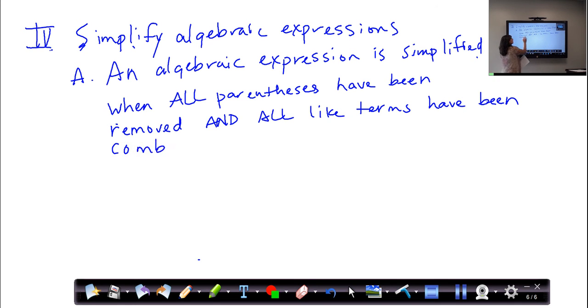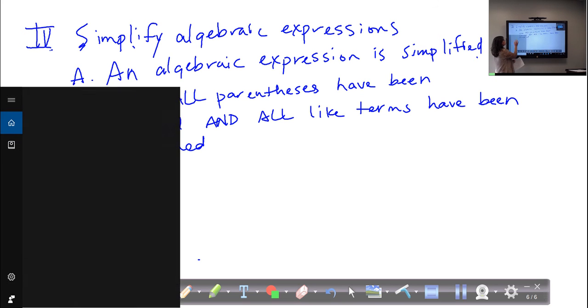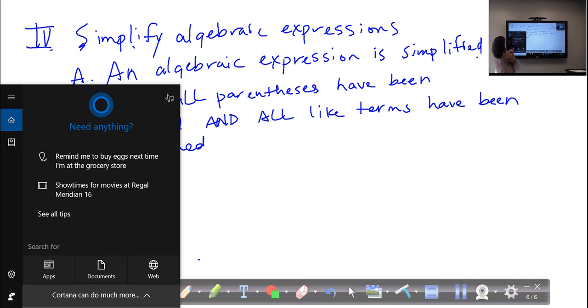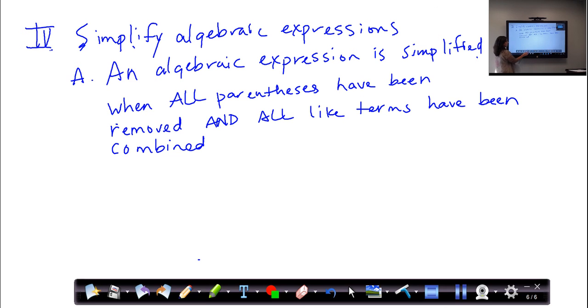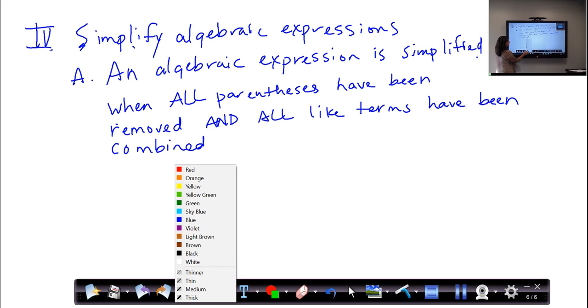That's when you can stop, when both those criteria have been met. No more parentheses, no more like terms. So, let's do some examples of this.